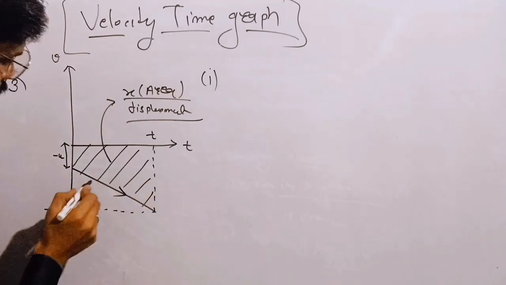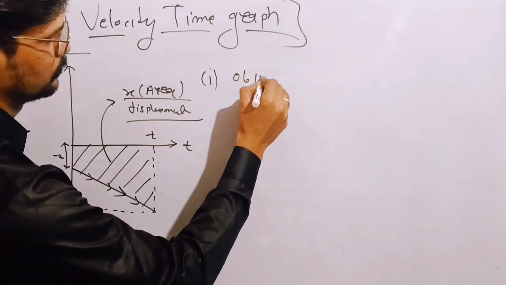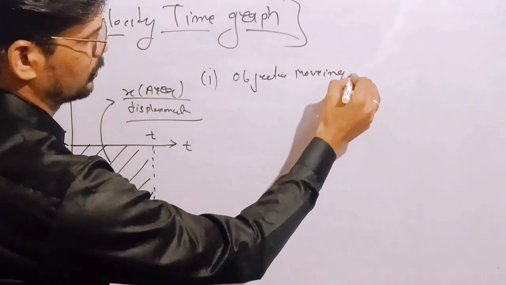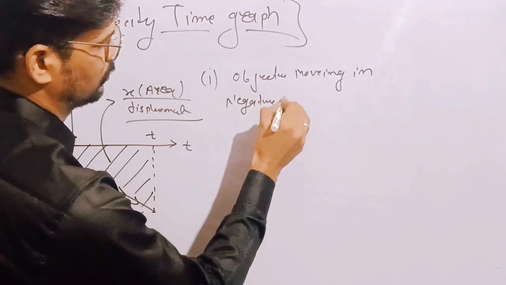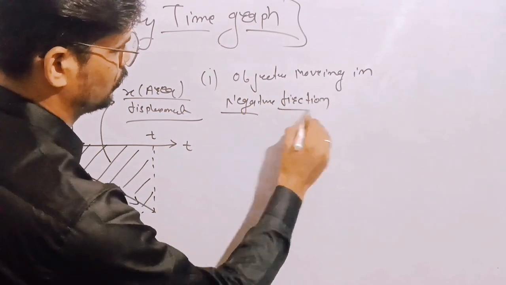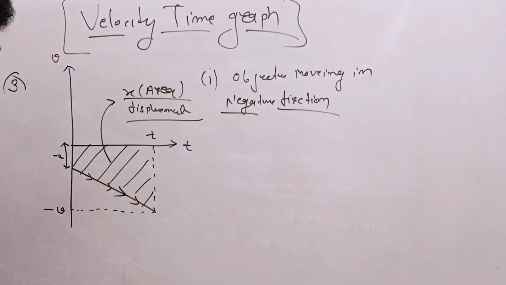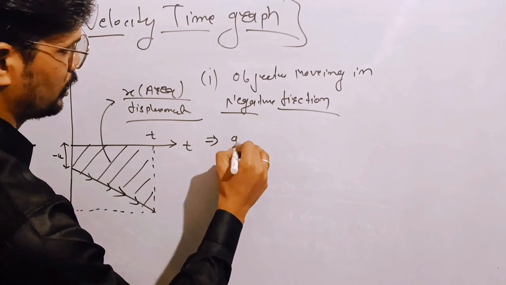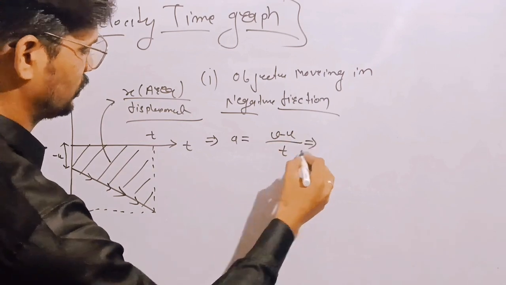So the first point is the acceleration going to the negative direction and the object is moving in negative direction. Then a is equal to v minus u upon t, change in velocity upon time.